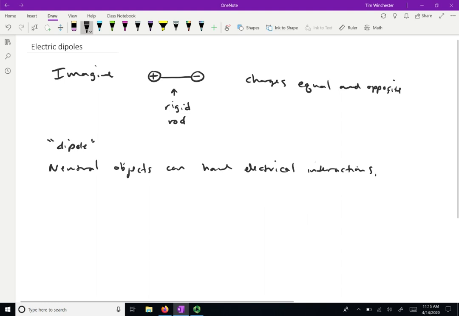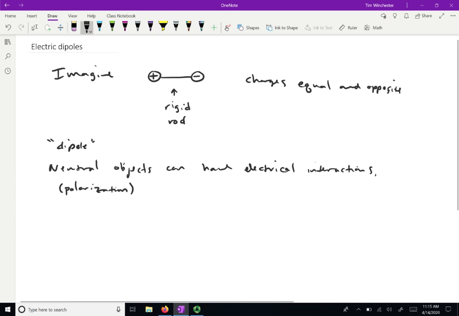One example was the polarization of a pith ball. So that was a neutral object that had an electrical interaction because it became polarized. Well, here we're considering an object that's permanently polarized. So we have this permanent dipole.